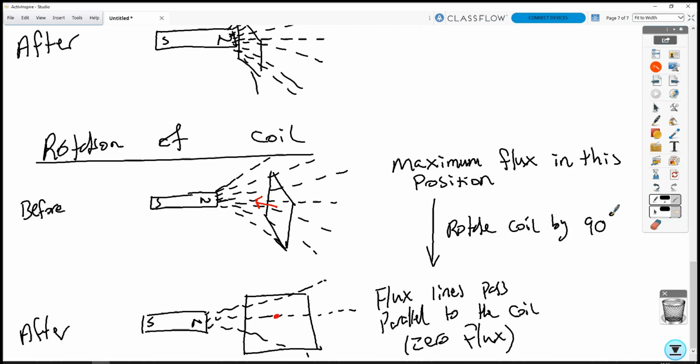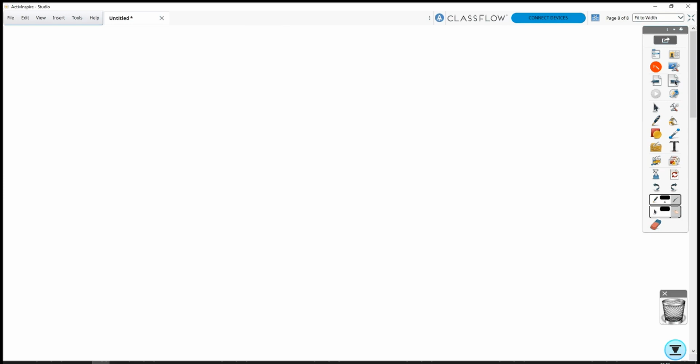So that leads us on to Lenz's law. Let me start a new page.